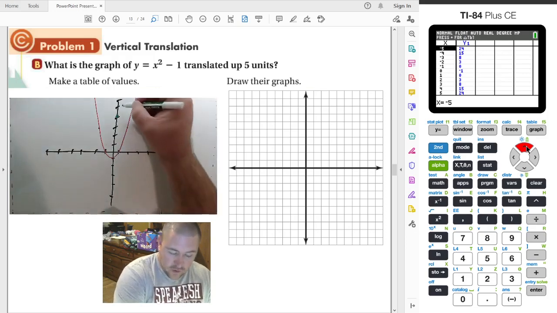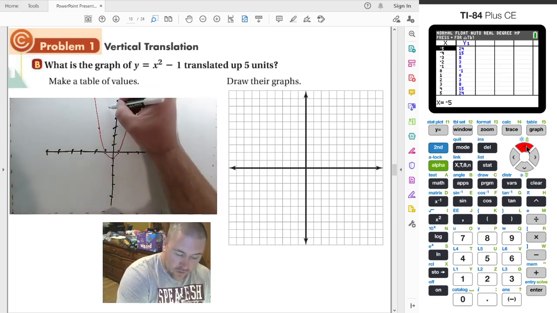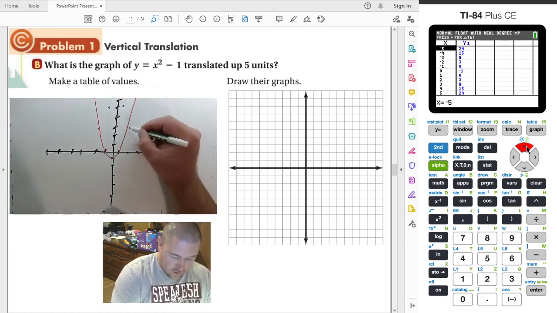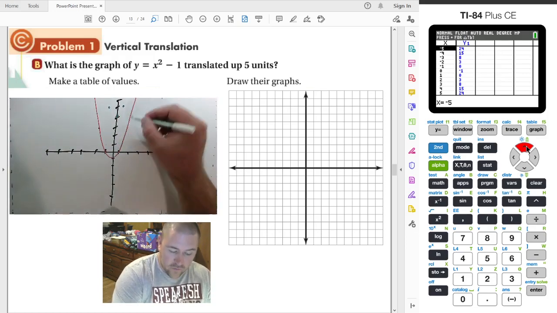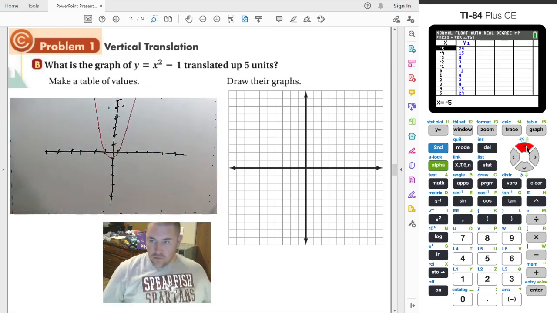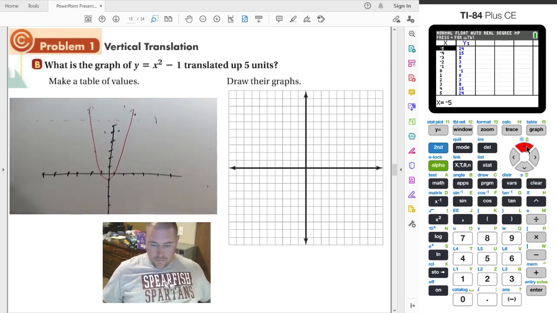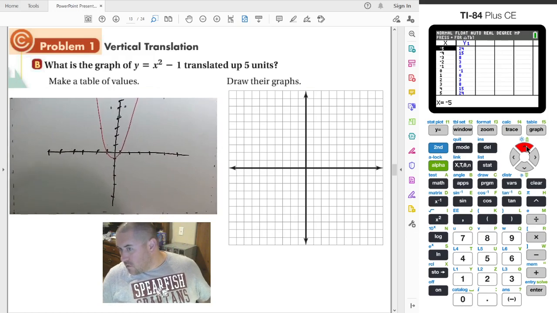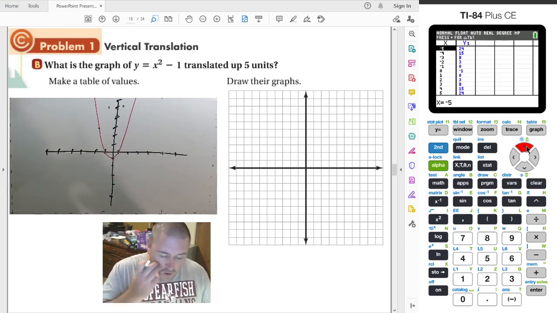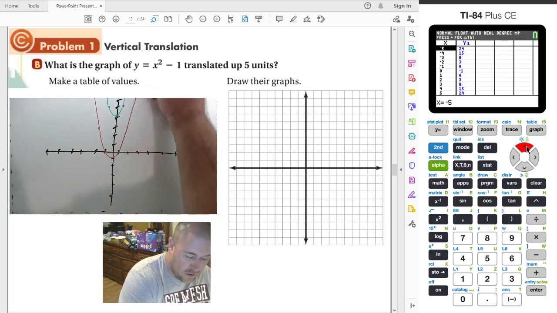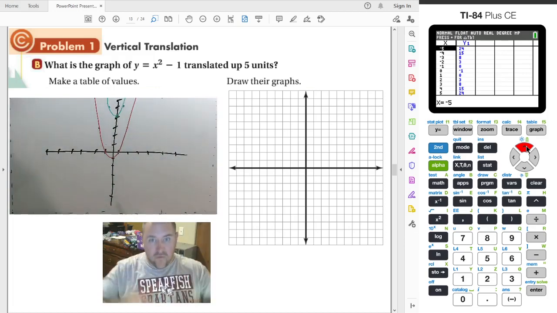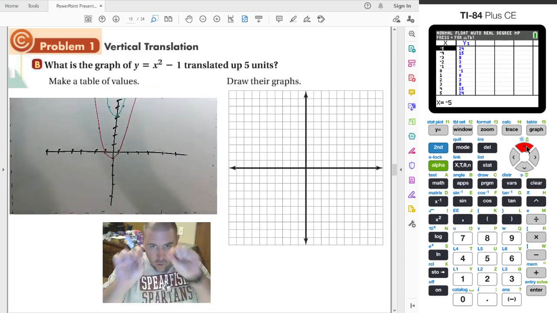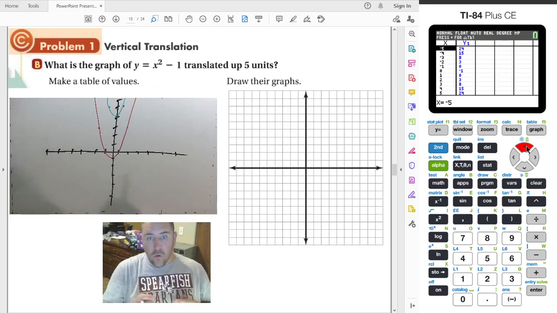Take 0 and move it up 5. Take 0 and move it up 5. Take 3 and move it up 5. And now those are off road, so it's like way up there. Oh, gotta shift you back over. Okay. So you take this self-same graph and you move it up 5 units by taking each one of the points that you plotted from before and move them all up 5.